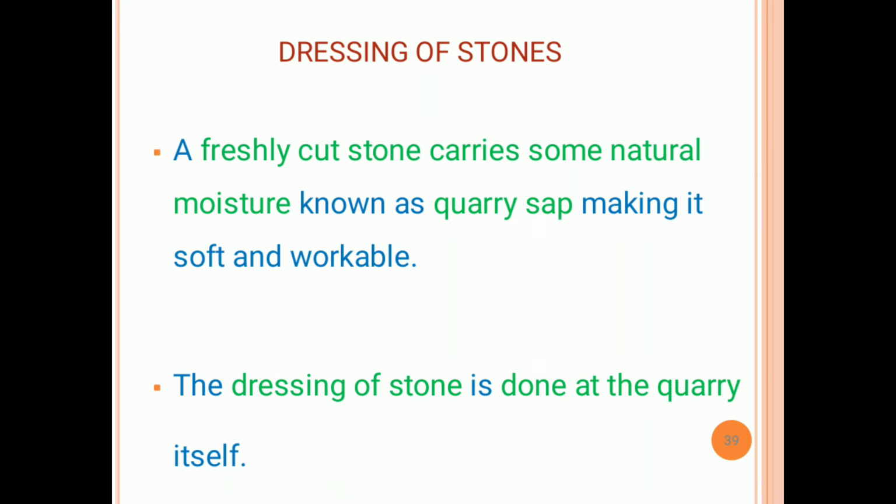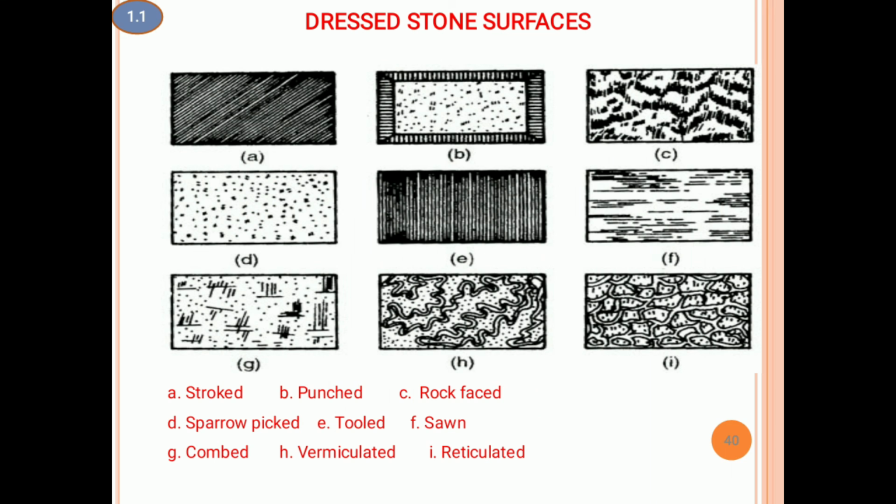Usually any freshly cut stone carries natural moisture known as quarry sap. It may be only a little bit of moisture. You cannot find too much moisture in igneous rocks and metamorphic rocks. You can find a little bit of moisture in sedimentary rocks. Normally the dressing of stone is usually done in the quarry itself.